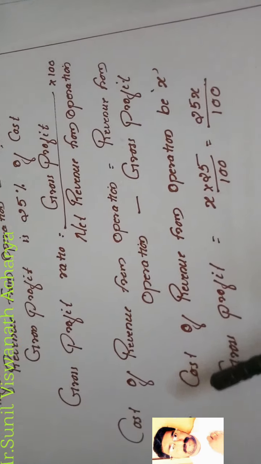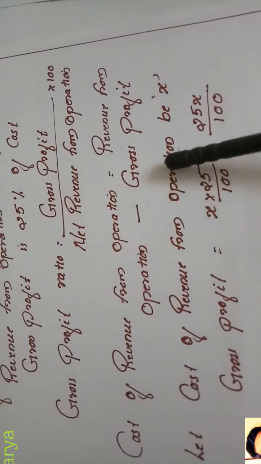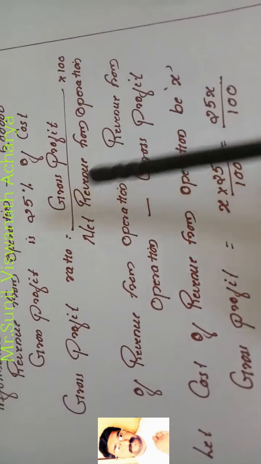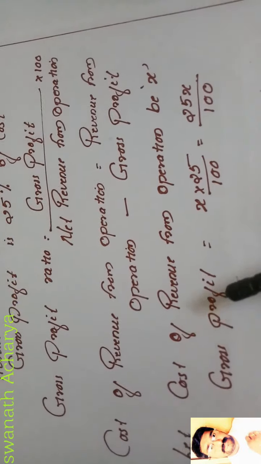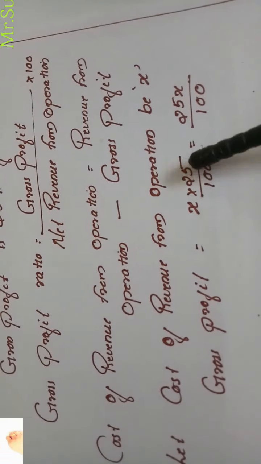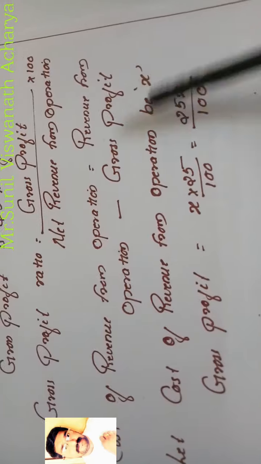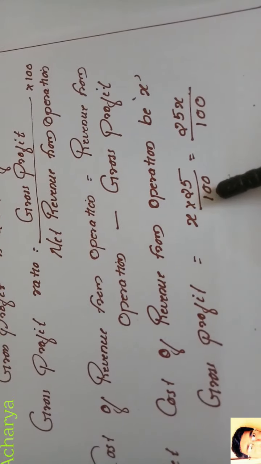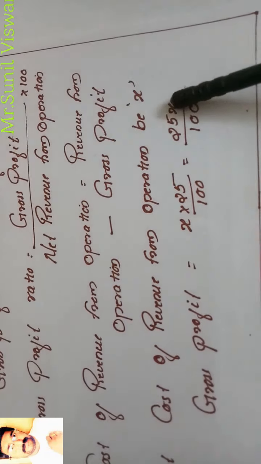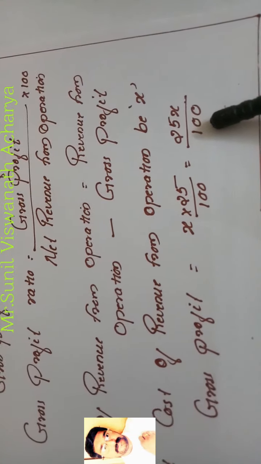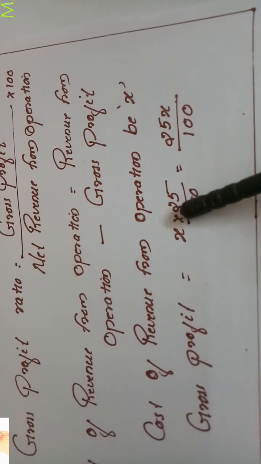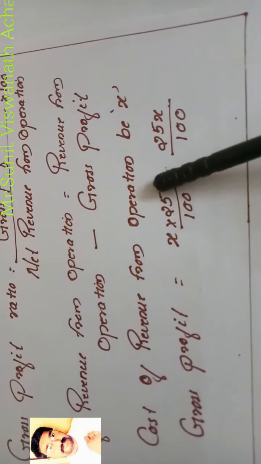So let cost of revenue from operation be X. If the cost is X, then gross profit is 25% of X, that is X into 25 by 100, which is 25x by 100.